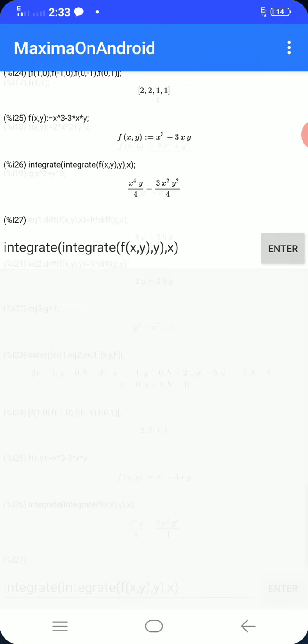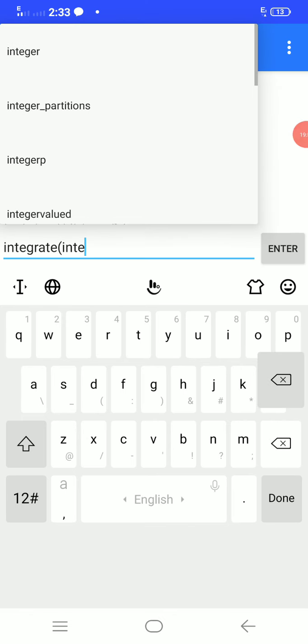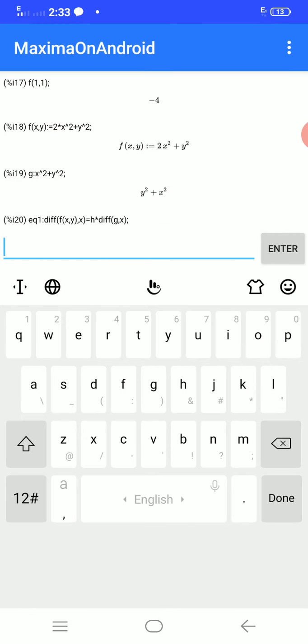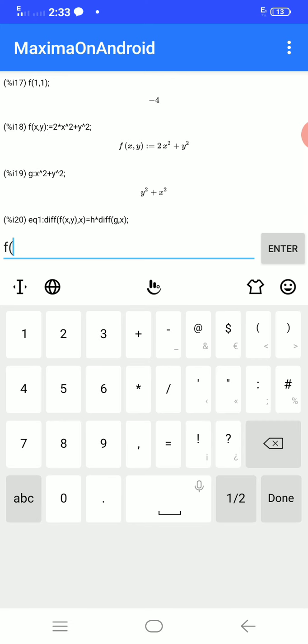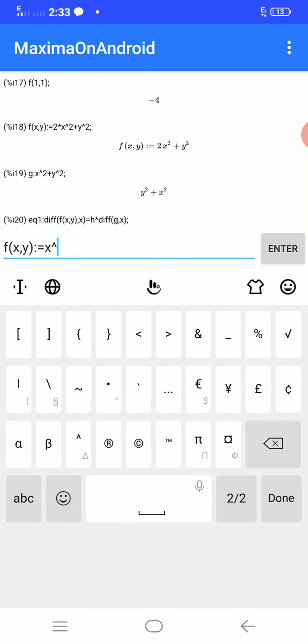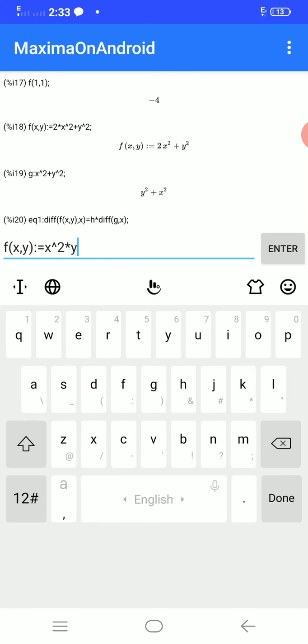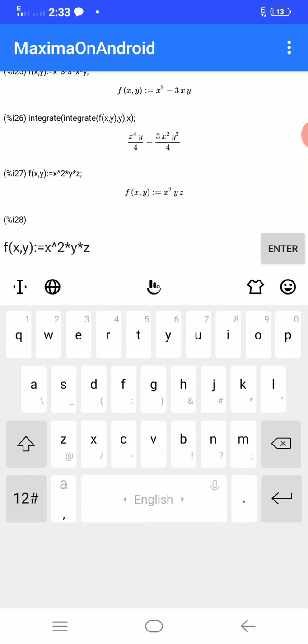So in Maxima software, first assign function f of x, y using colon equal to for function x squared times y z, using star: y star z, then enter. So we get function f of x, y.